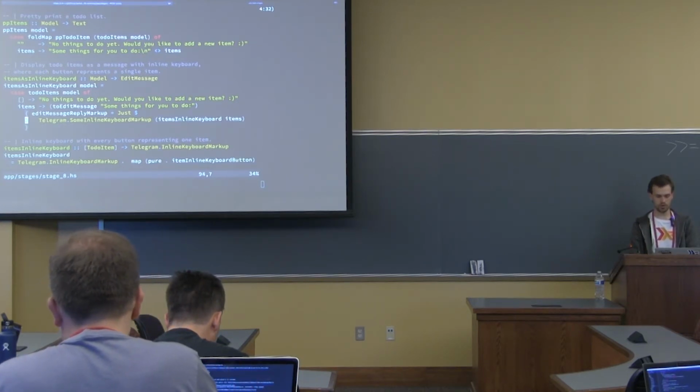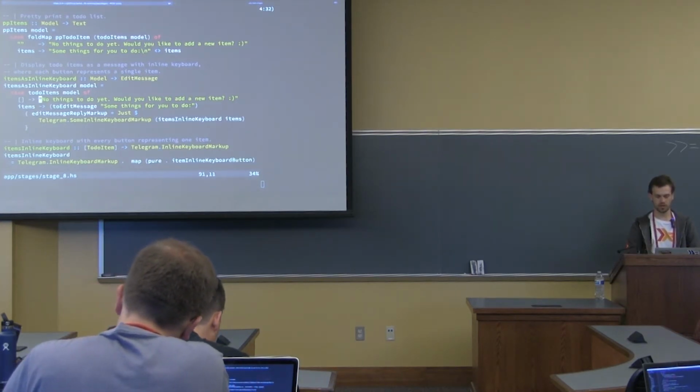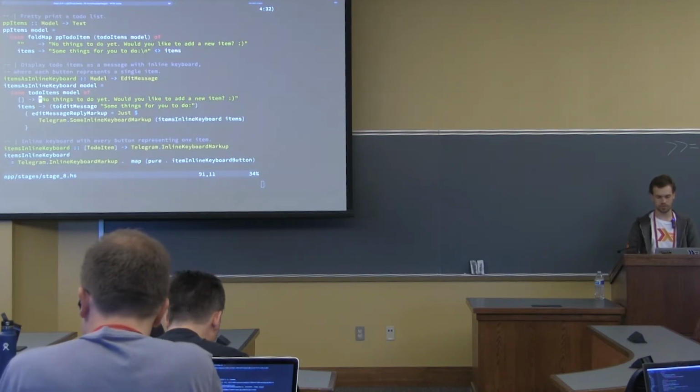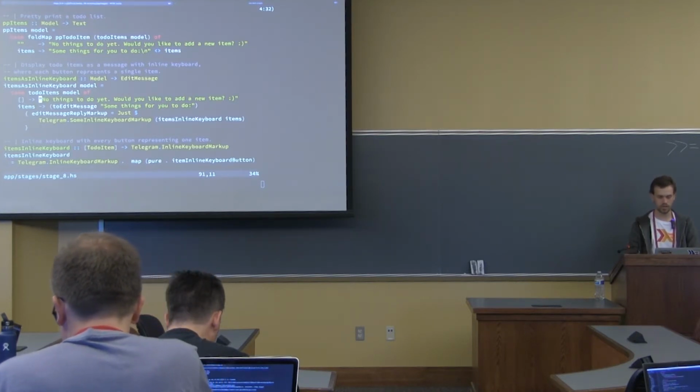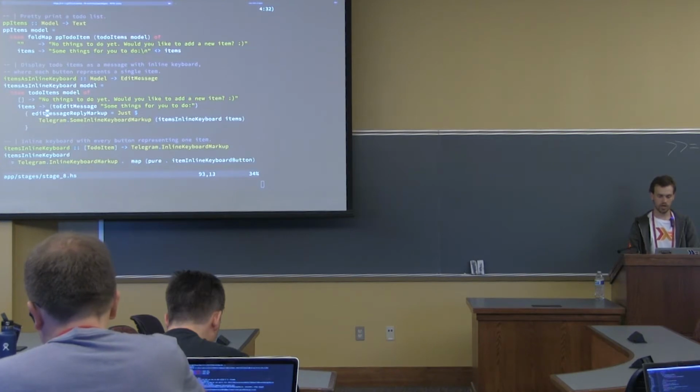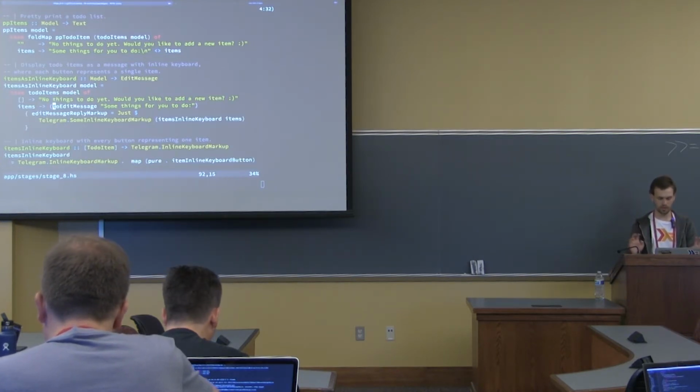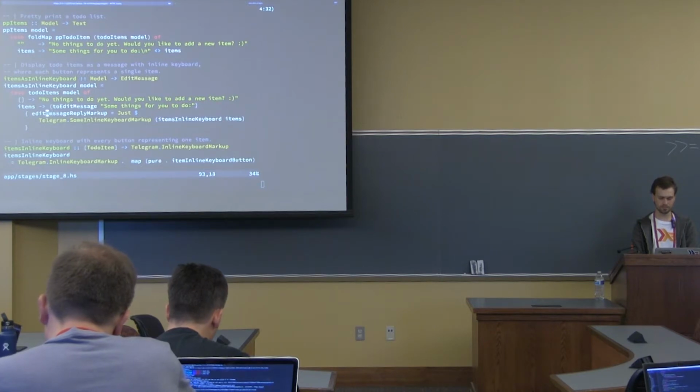So what we do here is just the same. If there are no items to show, we just say that there are no things to do yet. And if there are, we have this edit message, which is like reply message, but more useful. I will tell you why in a sec. And it also has a reply markup.